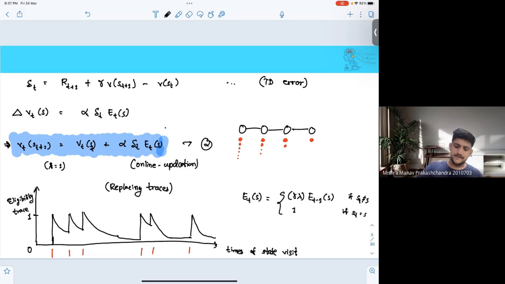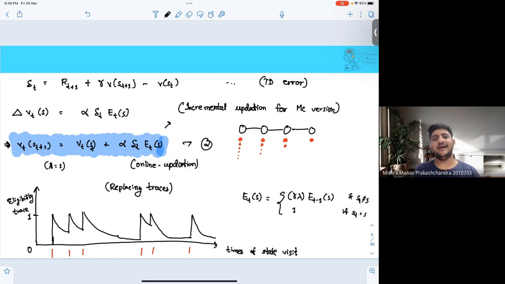So this gives me an incremental updation for the MC version. This is another power that the idea of eligibility traces proposes. By introducing the terminology of eligibility trace, we can do the same incremental updation, but for a Monte Carlo kind of method.